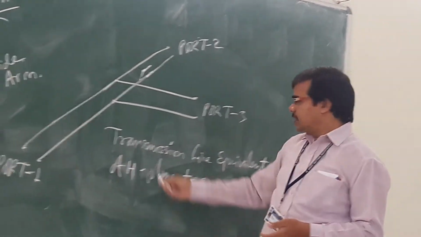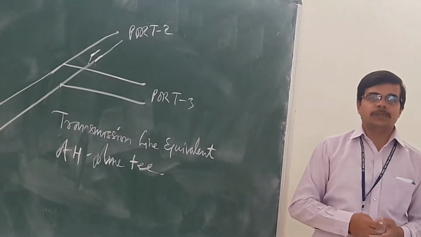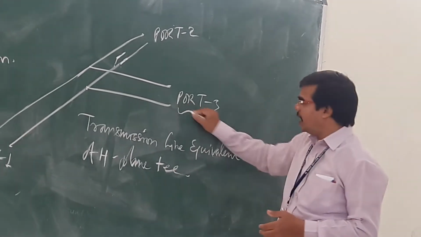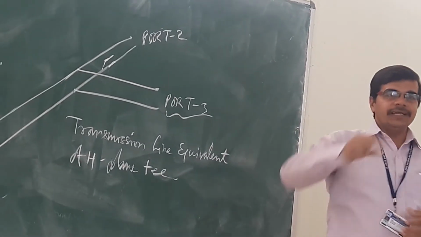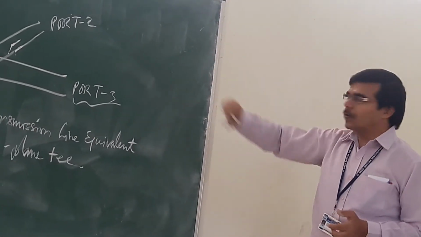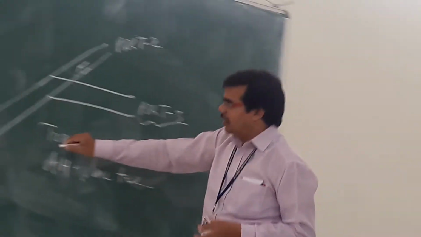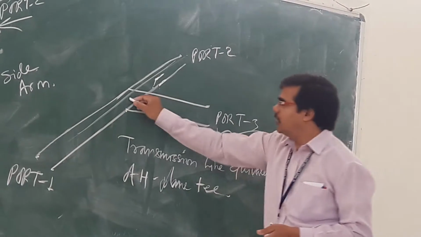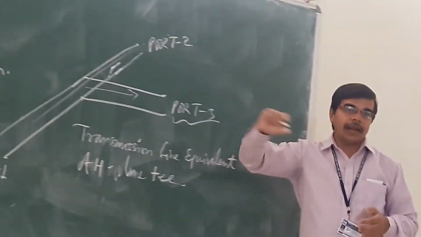Now let us see the transmission line equivalent of your H-plane T. Here your port 3 is in parallel to your main port 1 and port 2. Say suppose you are having port 1 and port 2, this is the main waveguide. So here you will see that it is in parallel to it.